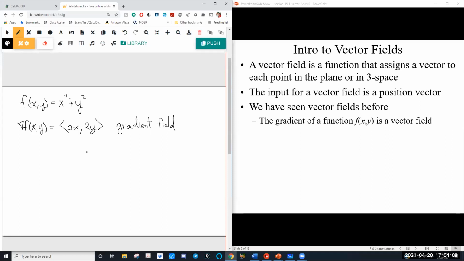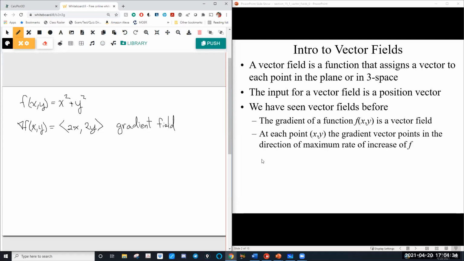That's not something we're going to cover a lot today, but as we move on, that's going to be one of the things we discuss, because when we have a gradient field, there's a lot of really cool properties that make some of the calculus we're going to do significantly easier. All right. I just wanted to get you used to that terminology, because we've done gradients. When you guys were finding gradients, you were actually finding vector fields. It just turns out the vector field concept's a little bit larger than just gradients.